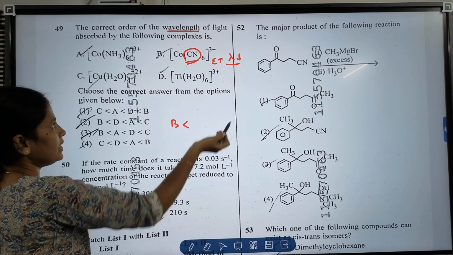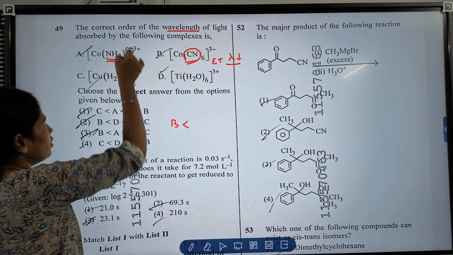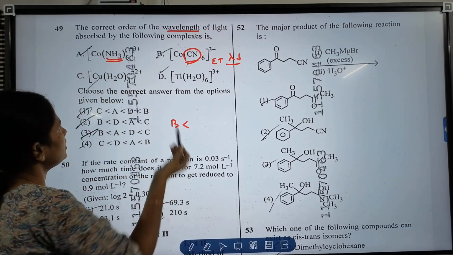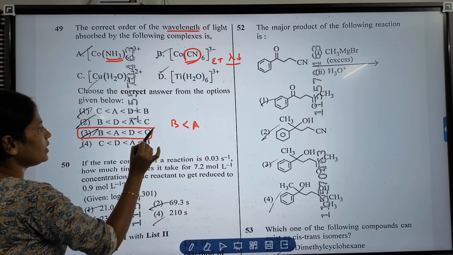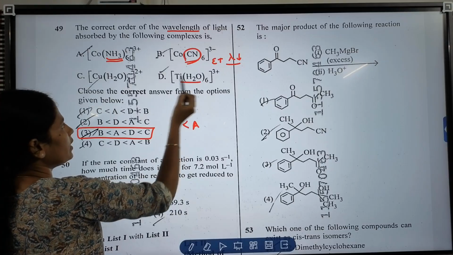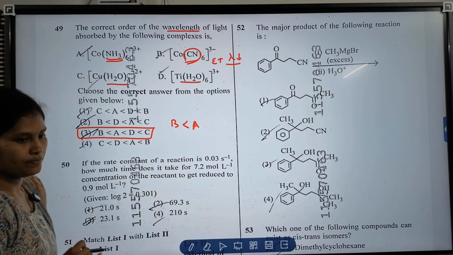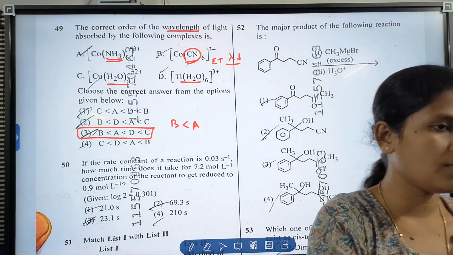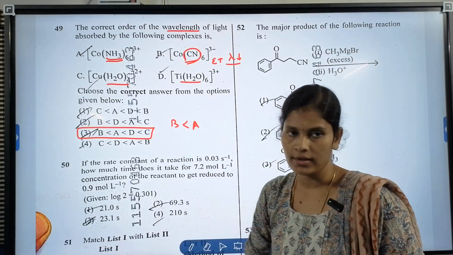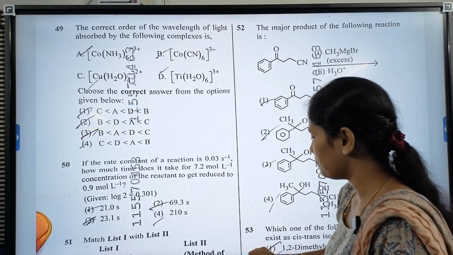So B will be the least. Next strong field according to this is the complex with NH3, so that will be A. So we can go with these two. Next we can also confirm it's octahedral, and here it is square planar, right? In which case the distance will be more, it will be octahedral. So we can go with option 3.